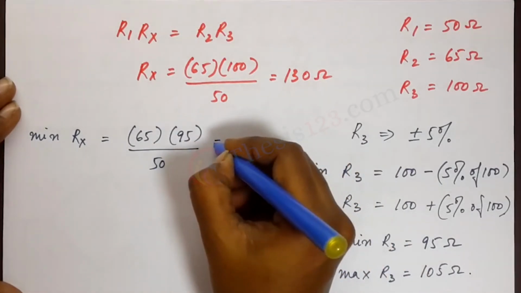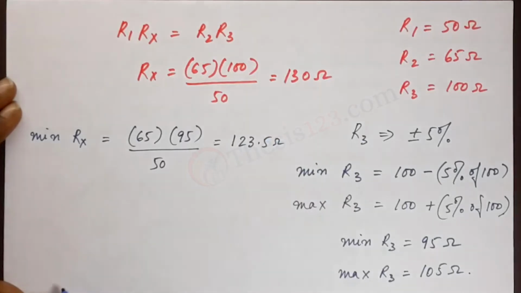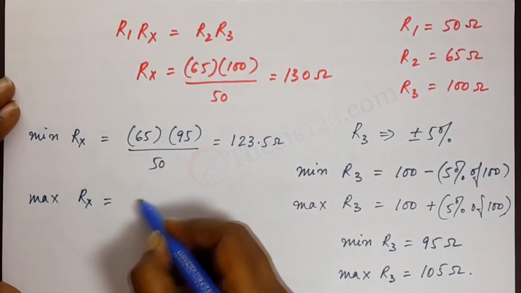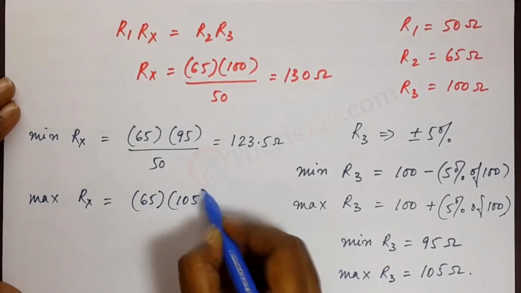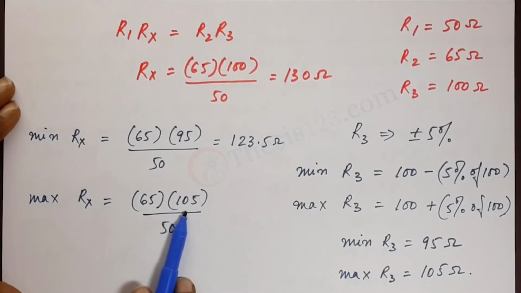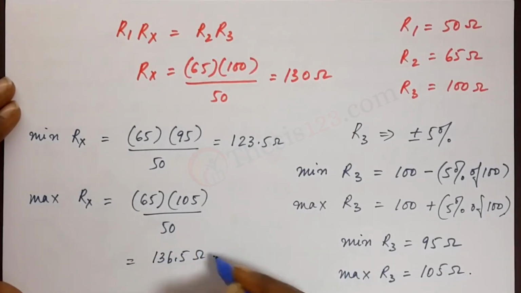And that gives us 123.5 ohms. And then the maximum value of Rx can be found as 65 into 105 divided by 50. So I'm using the maximum value of R3 here. So that's 65 into 105 divided by 50 gives us 136.5 ohms.